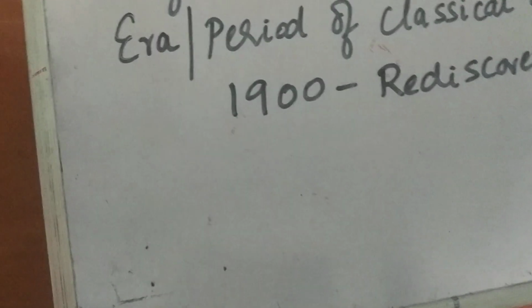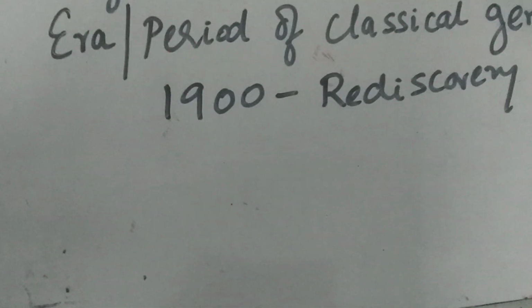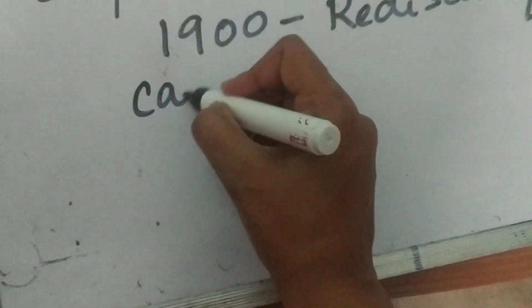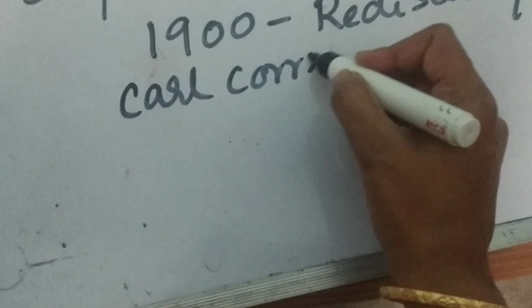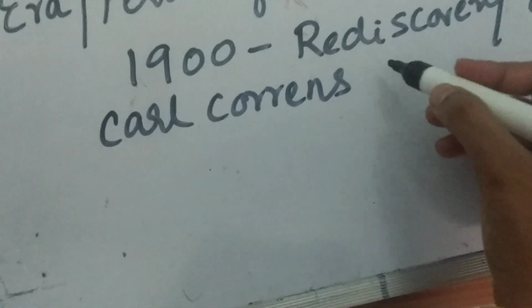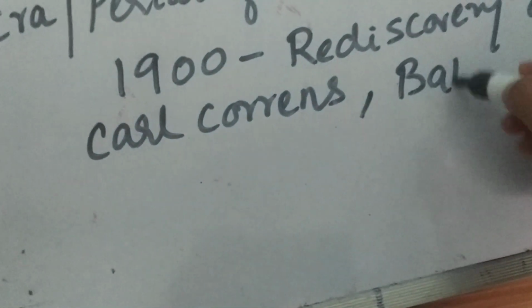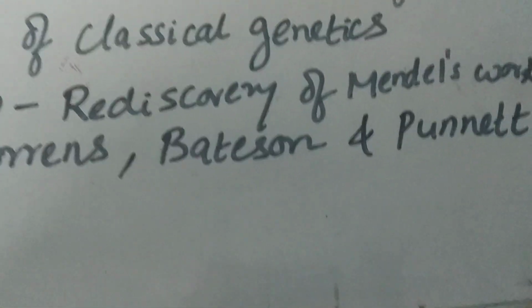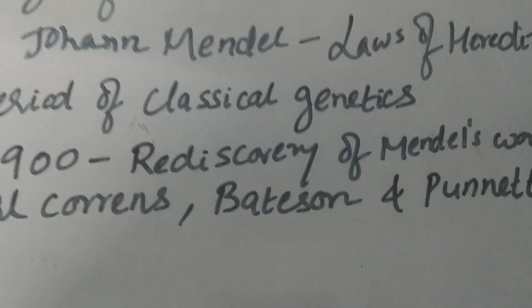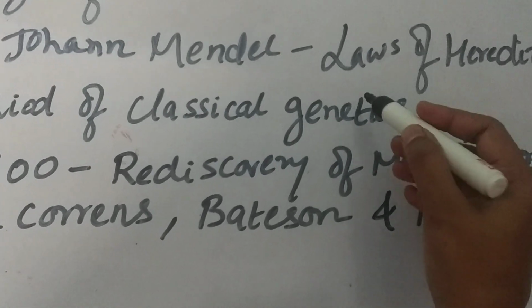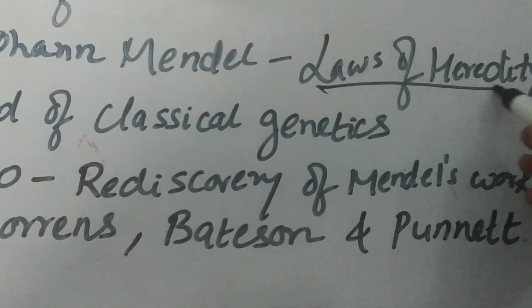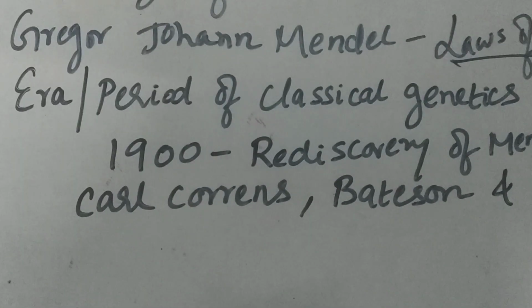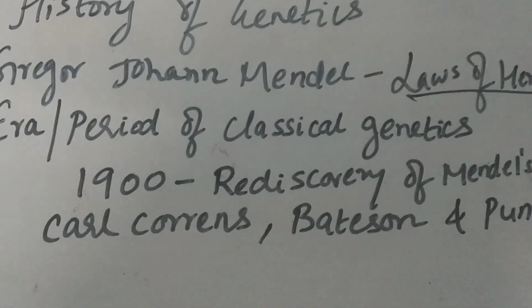After this, many scientists about whom you have already studied, like Carl Correns, Bateson and Punnett, all did a lot of work in the field of genetics, and they were mostly trying to formulate more laws which would agree with and improve the laws of heredity.